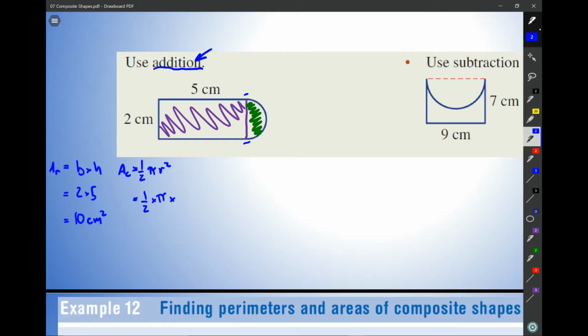So that's the diameter. So the radius is just 1. Now we pop this in our calculator, and we get, and again, we're not told what to round off to, so let's just round off to 2.